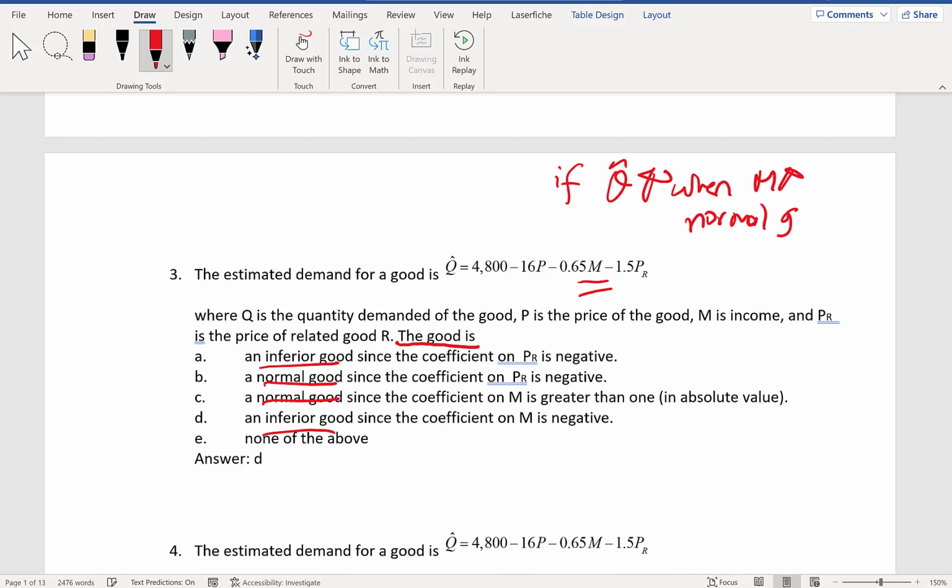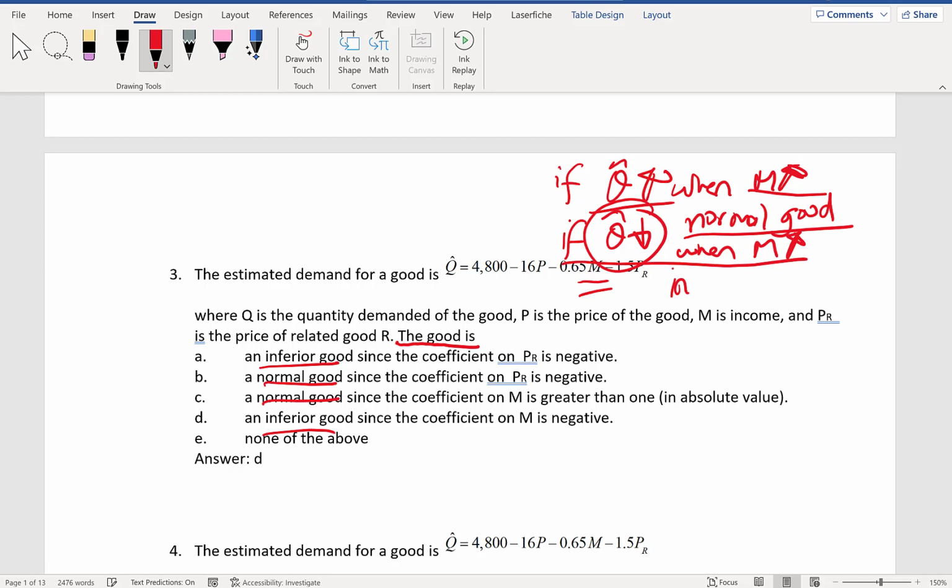We talked about this. If your income goes up, you're going to go to the movies more often instead of watching Netflix. If quantity goes down when income goes up, so your income has gone up and your quantity demanded of this good has gone down, this is what we call an inferior good. Inferior goods are goods that we consume less of when our income goes up.